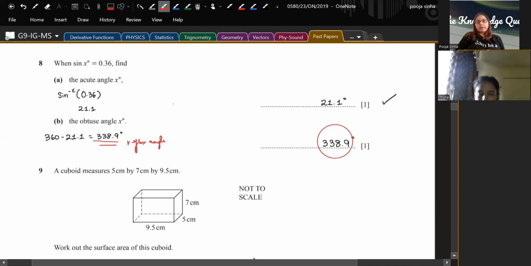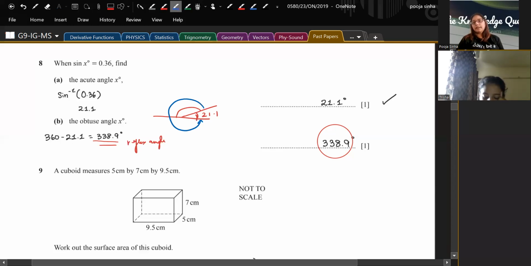So if I have an angle like this, this angle is 21.1. This is the obtuse angle. That's what you have to find out. This side is acute, so this side is obtuse. So you subtract it from 180. And what you found out was this, which is a reflex angle.